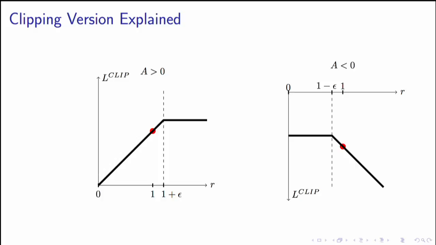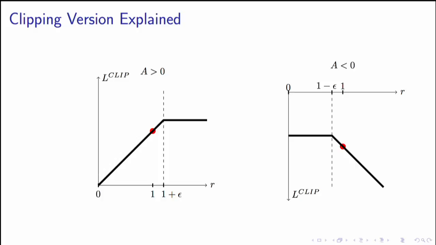So in the unclipped objective, let's say you have a point with negative advantage, and let's say we're using the clipped probability ratios, and then you radically increase the probability of that action. Then if you just used the clipping on the probability ratio, your objective isn't going to account for this.